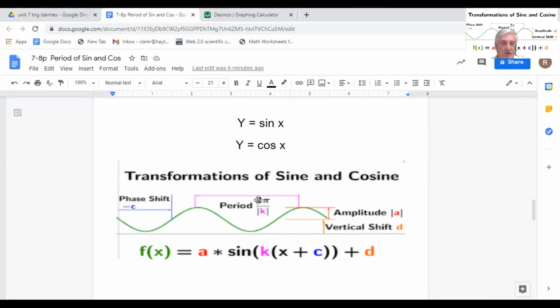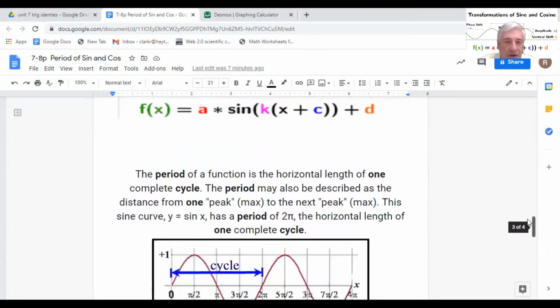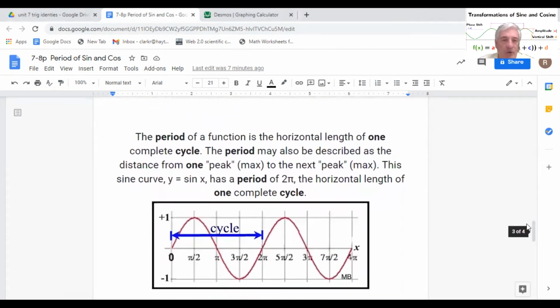The normal period is 2 pi divided by K. When K is 1, the normal period is 2 pi. What do I mean by a period? It's 1 up hump and 1 down hump, complete. You start here, you go up, you go past the x-axis, you go down, you come back to the x-axis. That's a cycle.